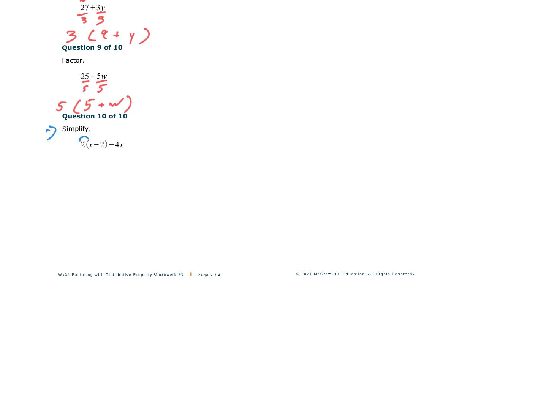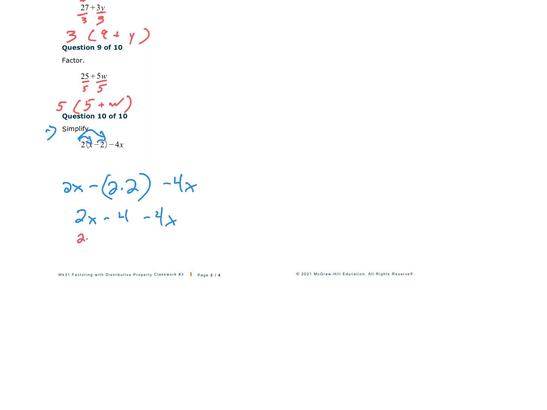Okay, so I'm going to use the distributive property. 2 times x is 2x minus 2 times 2. And then I'm just going to put on the minus 4x. Okay, so I'm left with 2x minus 4 minus 4x. And I'm going to combine like terms.